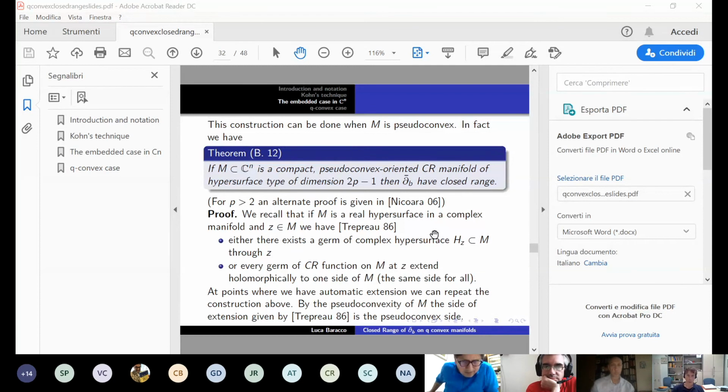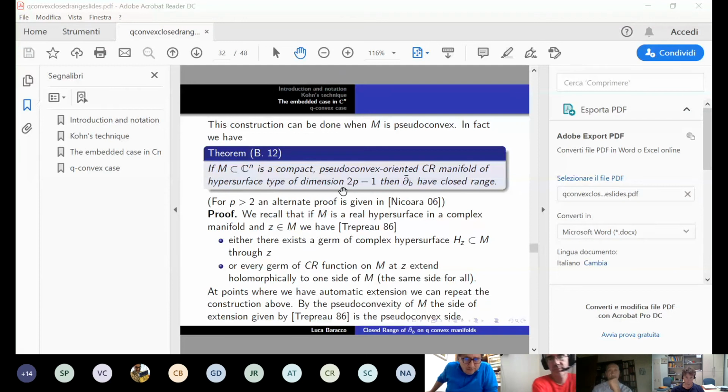I think I'm missing something, because it looks like the theorem doesn't apply to the Rossi sphere. You know, the three-dimensional sphere endowed with what we call the Rossi CR structure, which was actually discovered by Cartan, but we call it the Rossi structure. So we know that it is not embeddable in C2, but it doesn't have closed range, right? Yes. And it satisfies all assumptions, and d bar b doesn't have closed range.